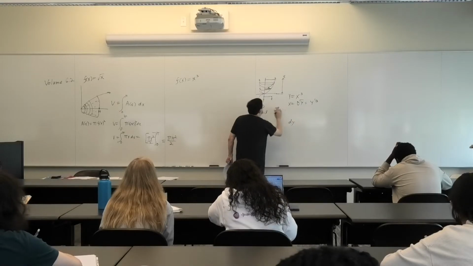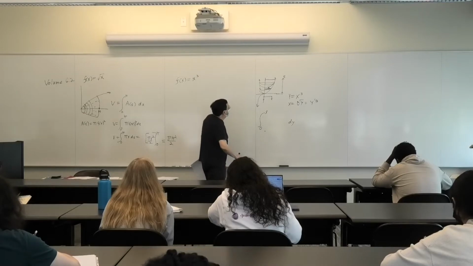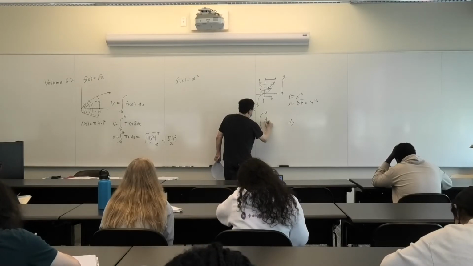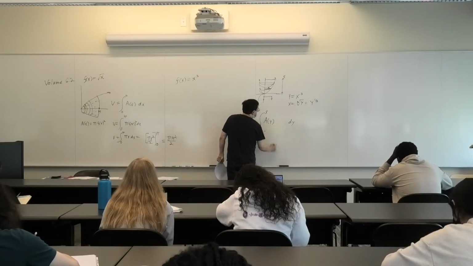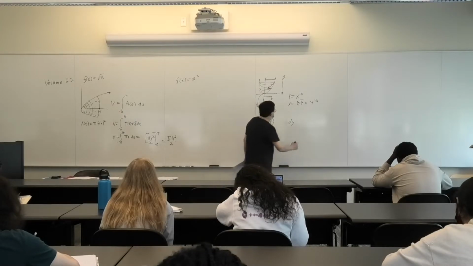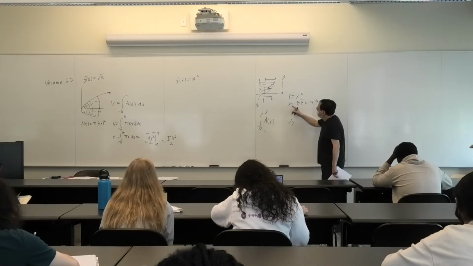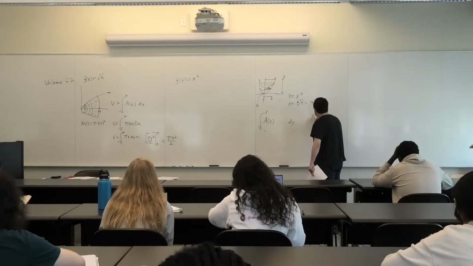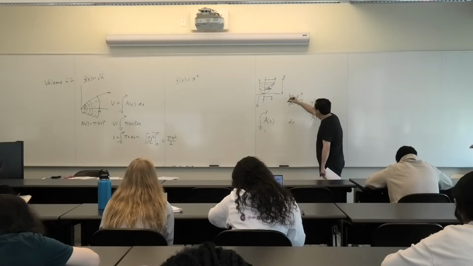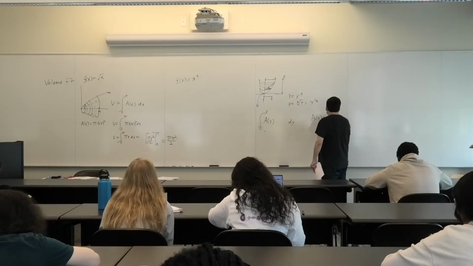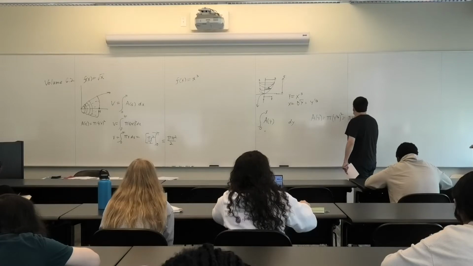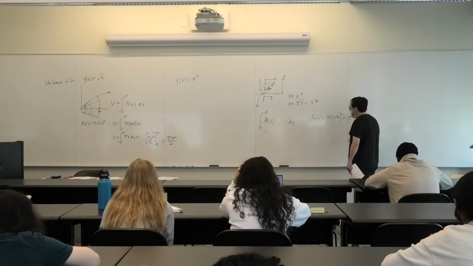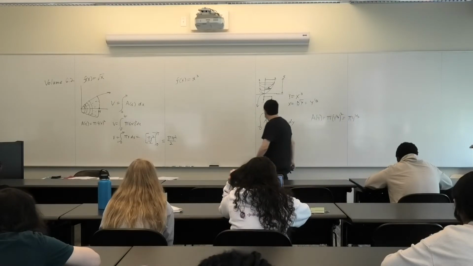Now dy, because we're going along the y-axis. My area function with respect to y. Well, if x here is cube root of y, the area of these circles is going to be what? Pi y to the 1/3 squared, or pi y to the 2/3. So that's what I want to integrate here.